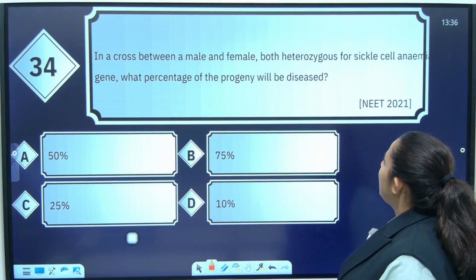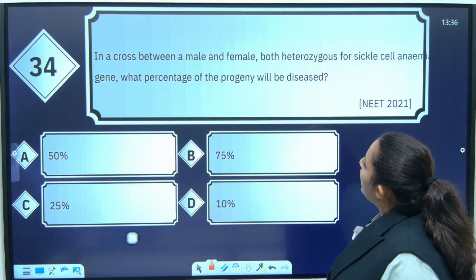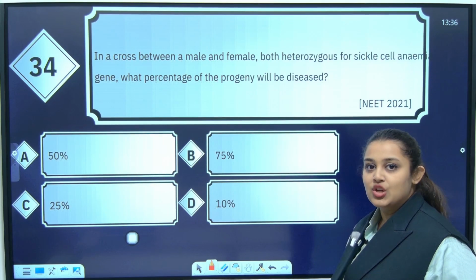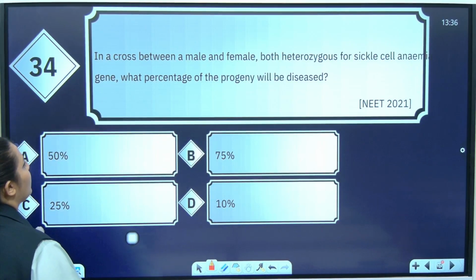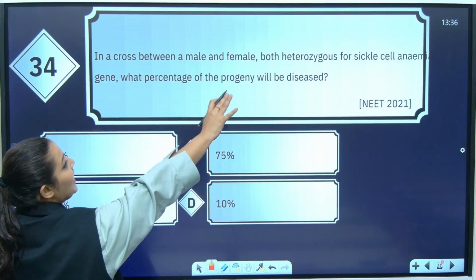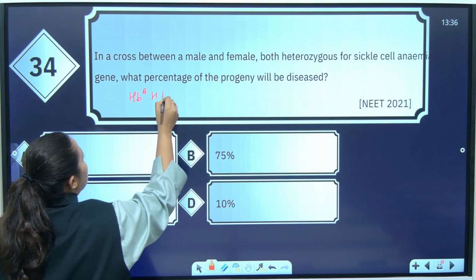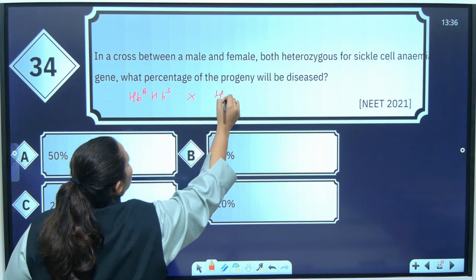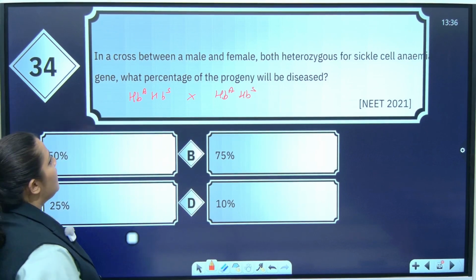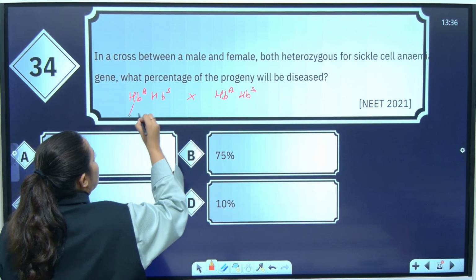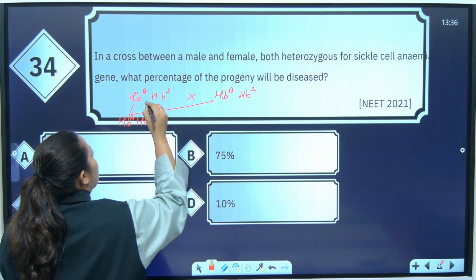In a cross between a male and a female, both heterozygous for sickle cell anemia, what percent of progeny will be diseased? So let's make this one also for sickle cell anemia. First, both are heterozygous. So what will we write? HbA, HbS crossed with HbA, HbS. Is this very clear? Now progeny we have to discuss. First progeny HbA, HbA.